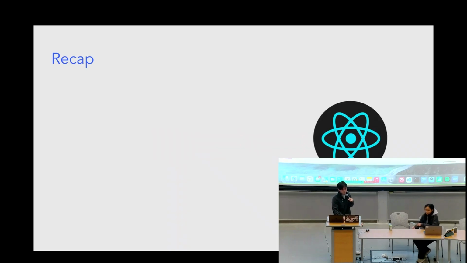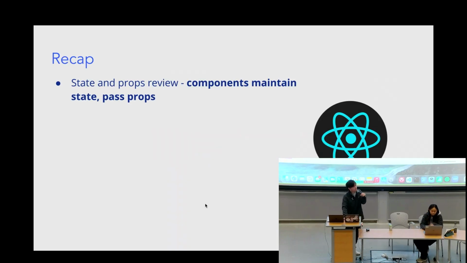Okay. Wrapping up, let's recap. So states and props, the main difference between them is that each component maintains their own states, and pass props between each other, more specifically from parent to child. So when a parent is defining the child component, it will add the prop into the declaration.